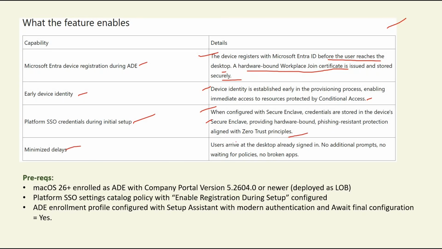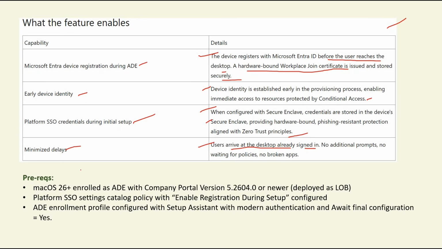And it minimizes delays because the user no longer has to wait. So the user arrives at the desktop screen signed in and platform single sign-on enabled, because by that time the registration has already happened, and we are no longer looking at a state wherein the user will go into the desktop screen and then the PSSO flow will happen.